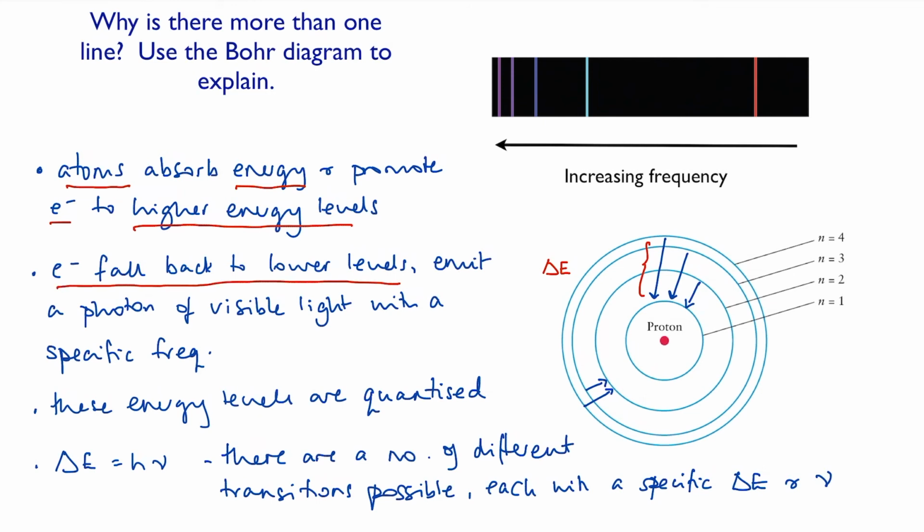When they do that, they emit a photon of visible light, and it's got a specific frequency. We need to mention that each of these energy levels are quantized, and that essentially because delta E equals hv, and always put the equation into your answer, there are a number of different transitions possible, each with its own specific delta E, and hence a different frequency photon of light is emitted, and that is why we get a series of lines.